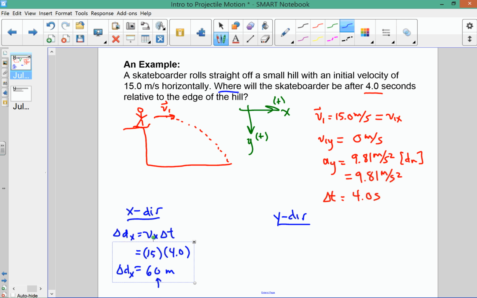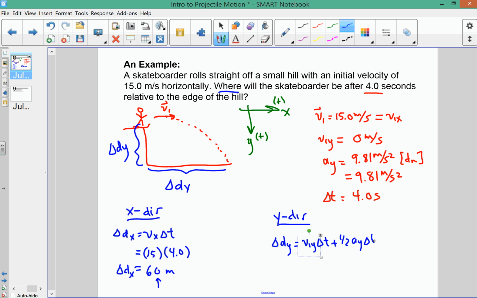So I already know that this, delta dx, is 60 meters. But now I want to know, what is this, delta dy? Since I'm given initial velocity in the y direction, acceleration in the y direction, and time, the equation that I want to use, so I can do this in one nice step, is this. If you look at that equation, the only thing I don't know is displacement in the y direction, which is exactly what I want to find.